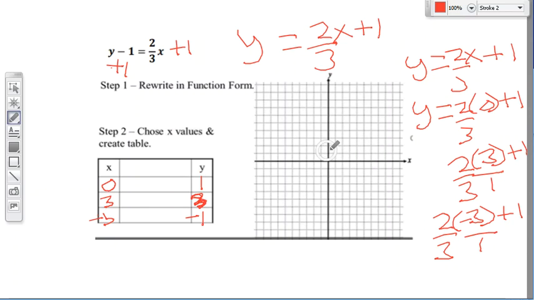So 0, 1, 3, 3, so the right 3 and up 3. And -3, -1. So to the left 3, down 1. Okay, so there is our line.